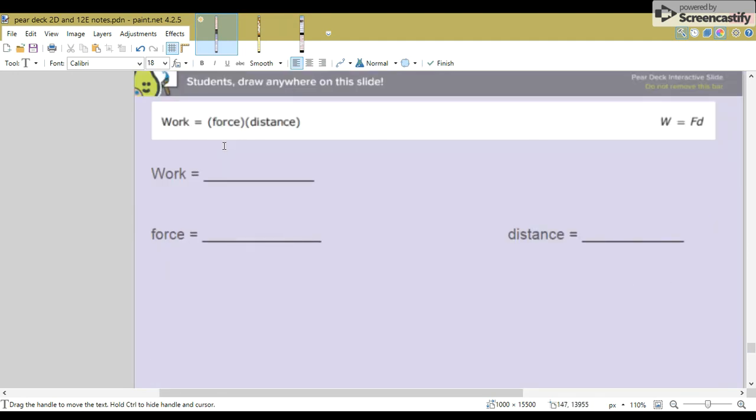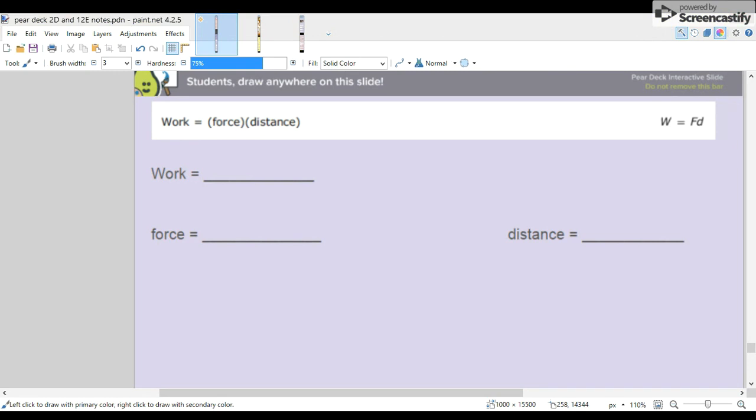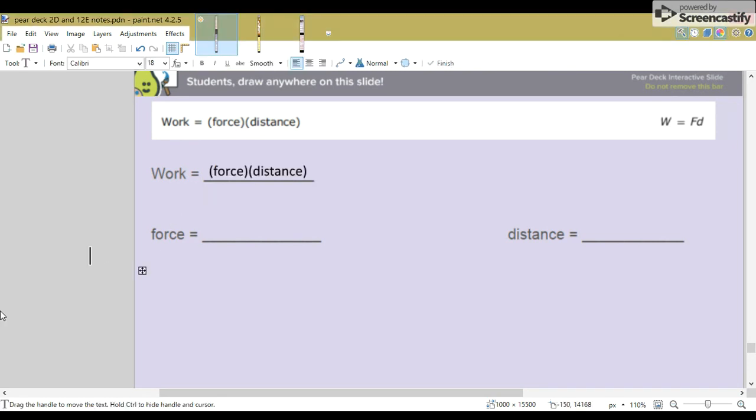Let's do this one. The work equation is work equals force times distance. W equals F times D. So work is just already given to you. Using that, we're going to find the equation for force. So we have W equals force times distance.